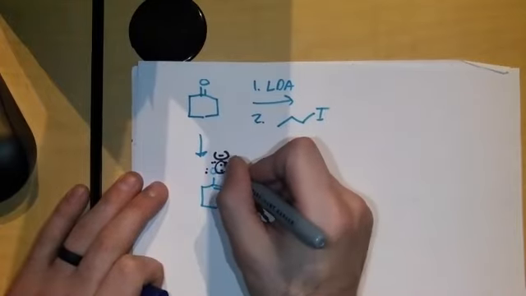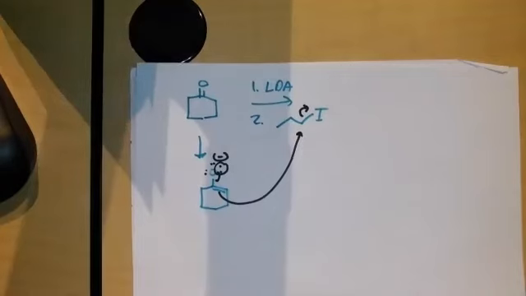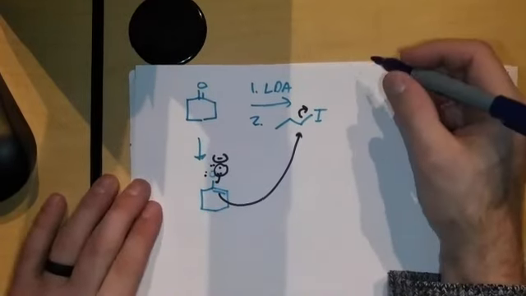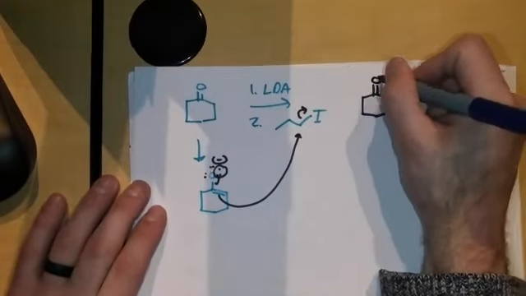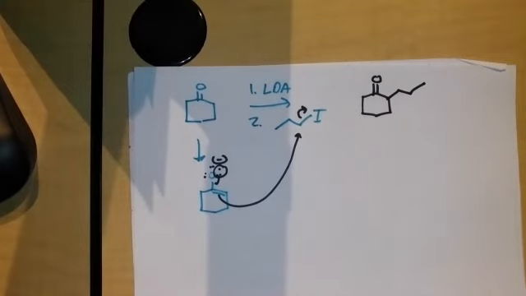Our enolate can do an SN2-like reaction on this propyl iodide here. We're going to kick out the I, reform our ketone, and then add three carbons to this position here. So same reaction we're doing with the bromine. Now we're just doing it with haloalkanes.